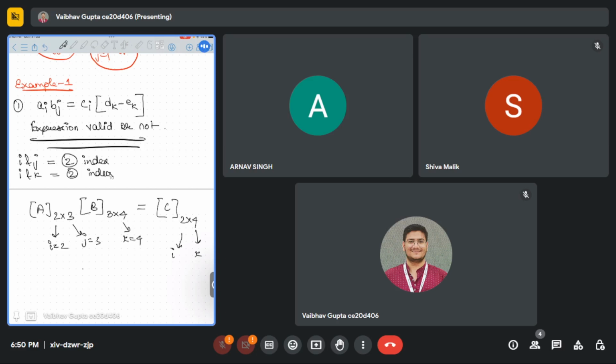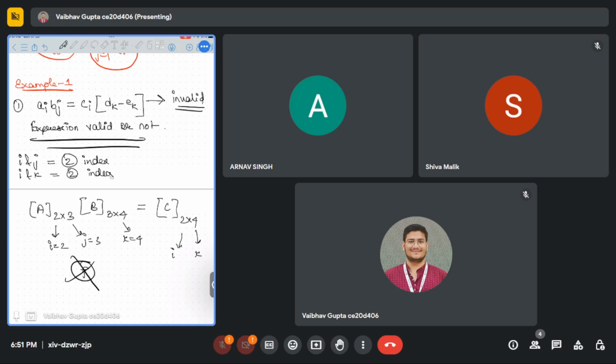You are getting my point? So whatever indices are present in the left hand side should be present in the right hand side. Since in this question K is present on the right hand side, which is not there in the left hand side, this expression is invalid. Got it? The expression is not correct.